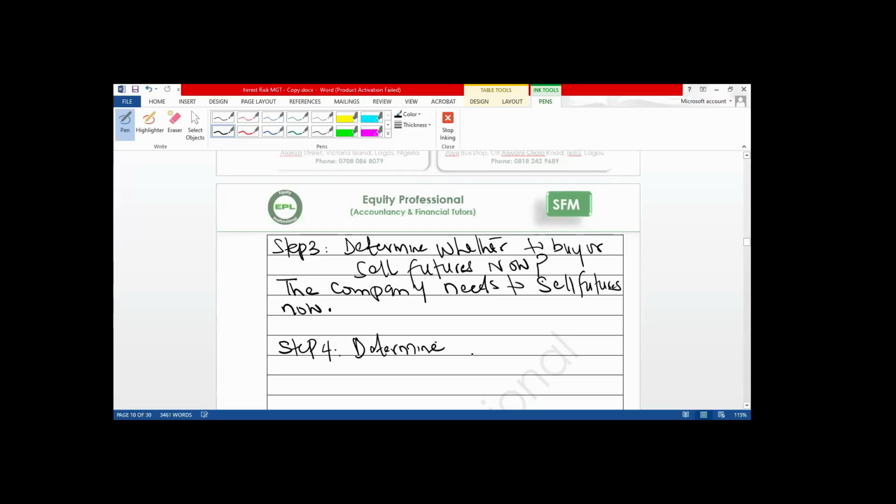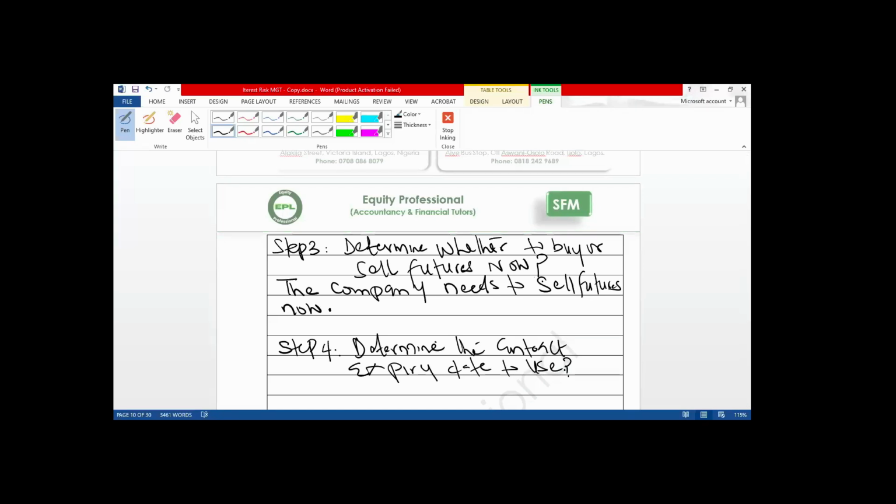Step 4: determine the contract expiring date to use. Answer this question.